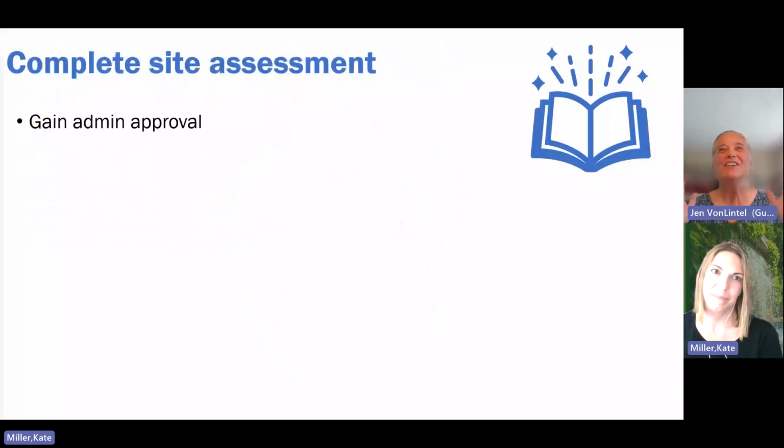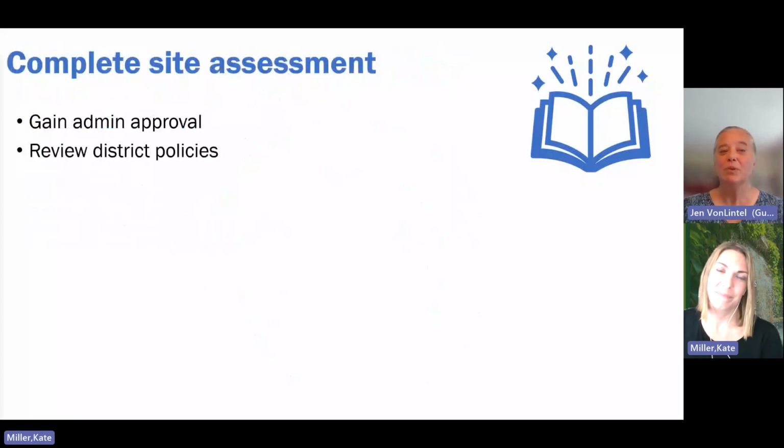Okay, so completing a site assessment. So you've got this idea in your head like, oh, I'm going to add animal-assisted interventions at school. One of the first places to go is to the admin for your building and say, hey, this is what I'm thinking. I have seen a number of programs where if you don't have administrative support, things get shut down.